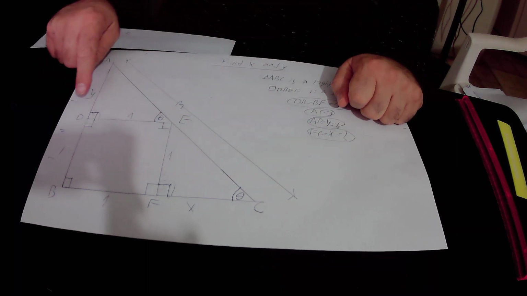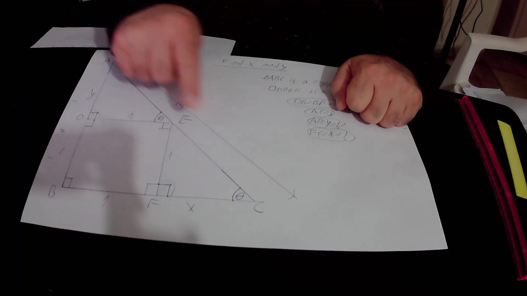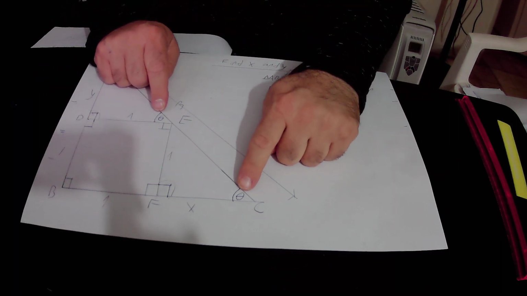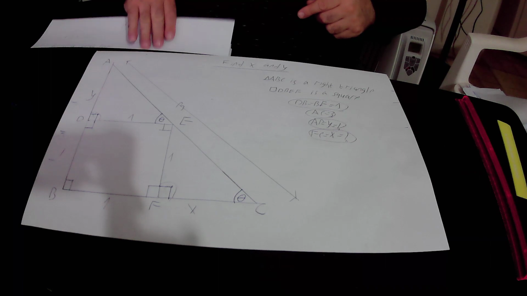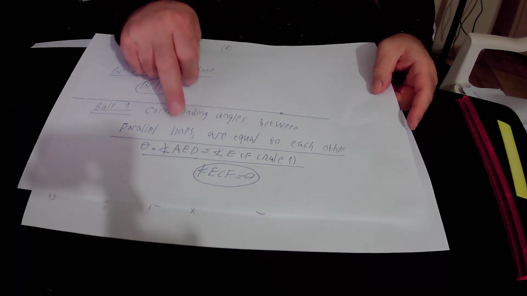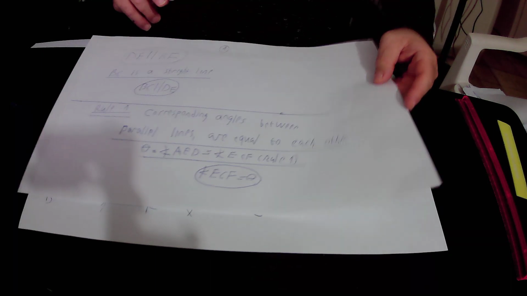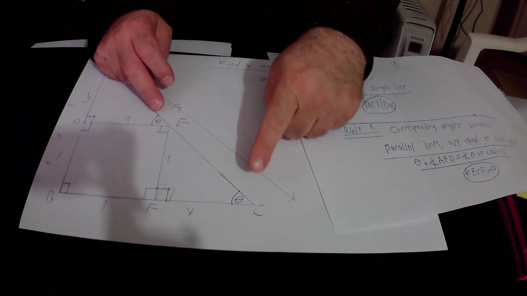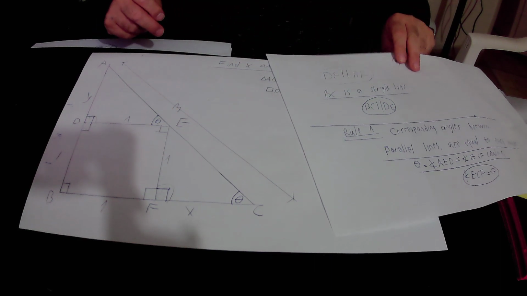That is to say, we've already found out that DE is parallel to BC. Therefore, they are equal to each other according to rule number 1. That is to say, angle AED equals to angle ECF according to rule number 1.